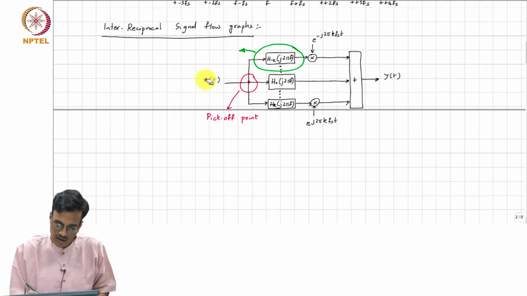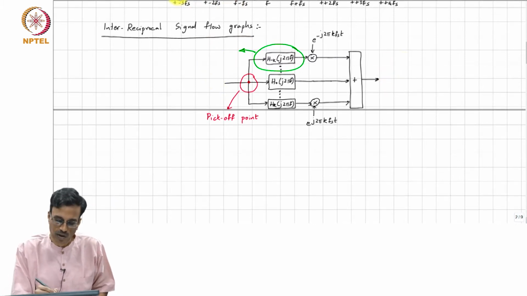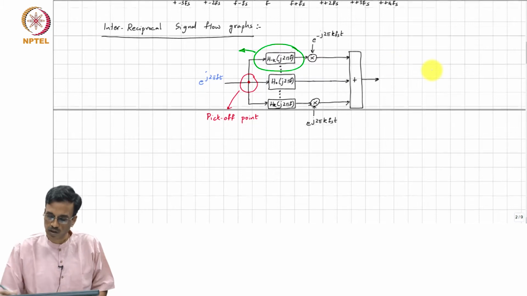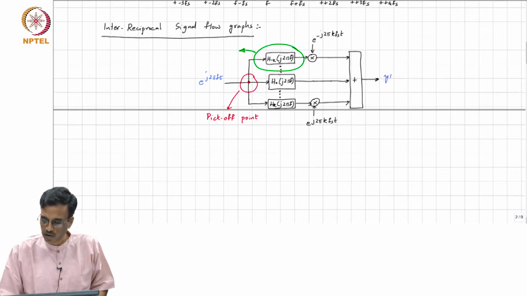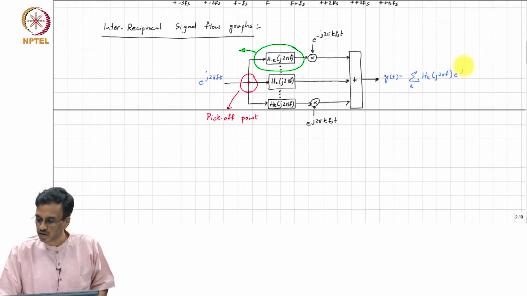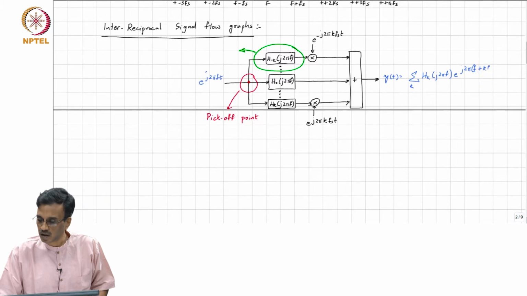Let us assume that we are working in the frequency domain. You just put e to the j 2 pi f t and then you get some output y of t, which is h sub k of j 2 pi f times e to the j 2 pi (f plus k f s) times t.